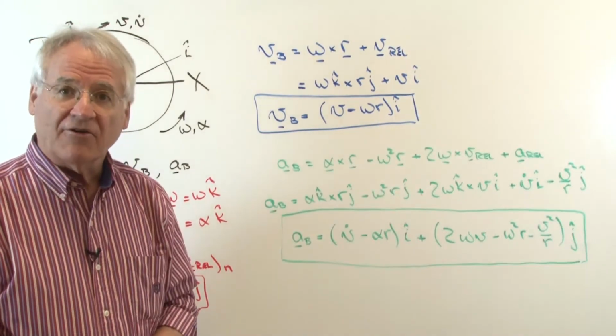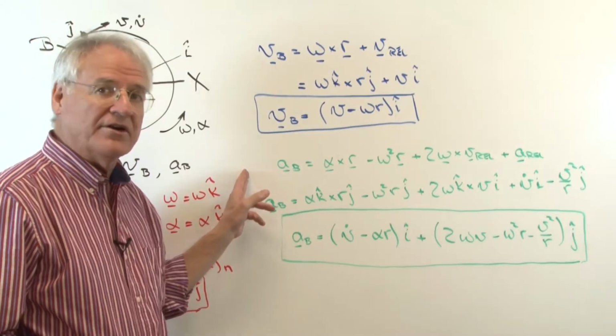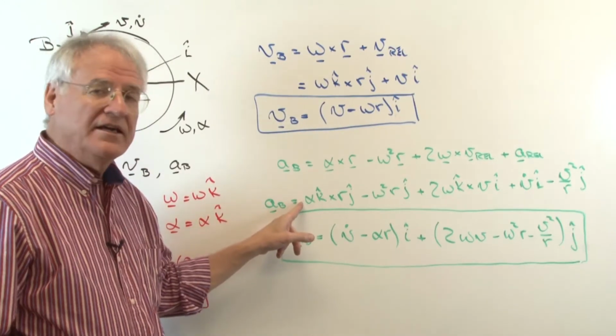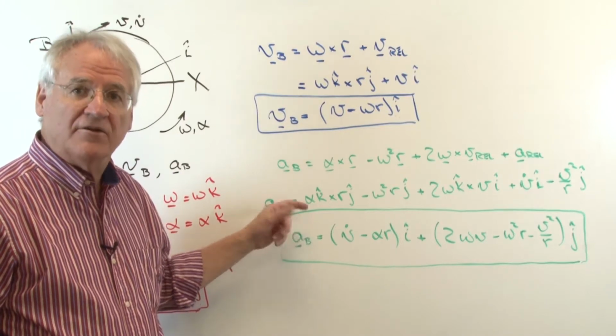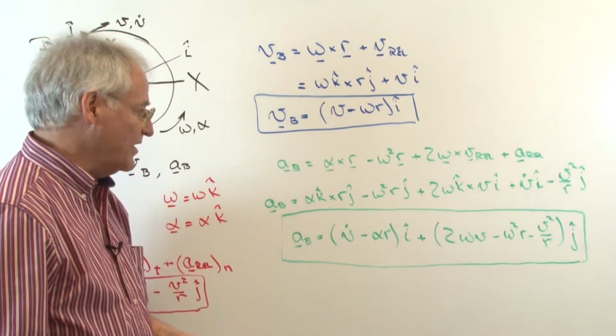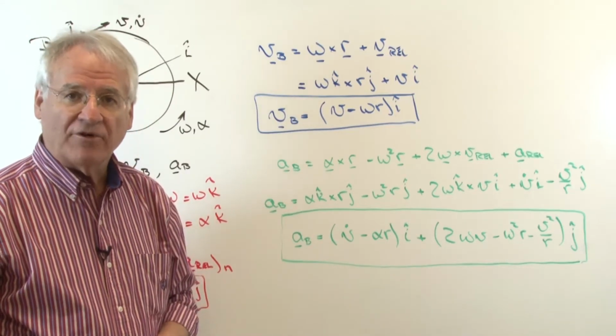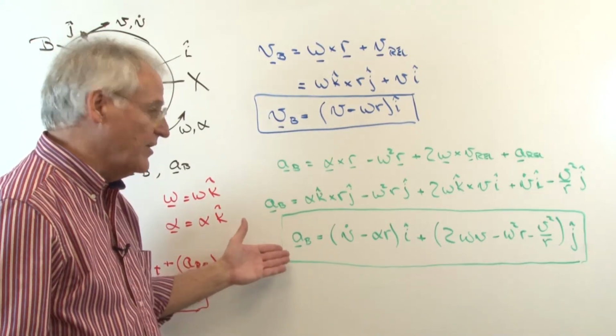To find the accelerations, we use the familiar acceleration formula, substitute in the vector quantities that we derived just a moment ago, and carry out the vector operations, and you get this result.